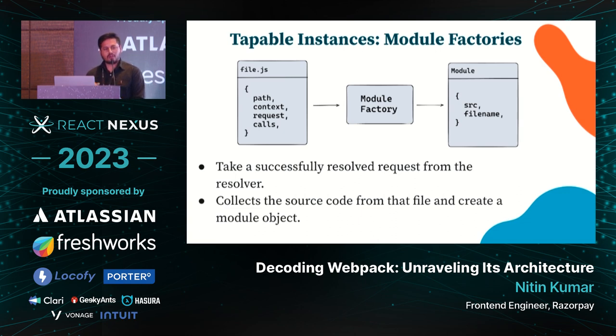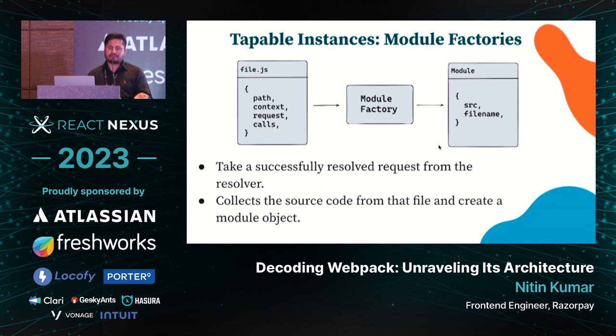It goes through the module factory and then it returns the source code written in that file along with its file name. So basically here is where the reading of code starts. For example, if we have a file.js file, this source property will contain the code inside the file.js file.